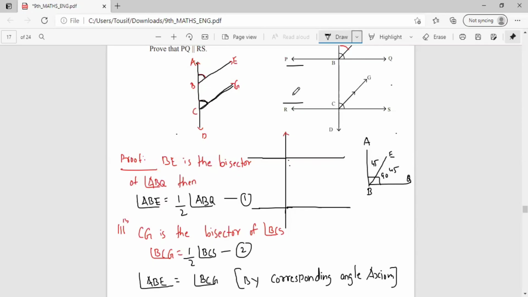So indirectly we have to prove that the angles which are on the same side are equal. Like here, this angle and below it this angle, we have to prove they are equal because they are on the same side and we can use the corresponding angle property. But for now, we cannot use it. Before using that, we have to prove by ourselves that these two angles are equal.